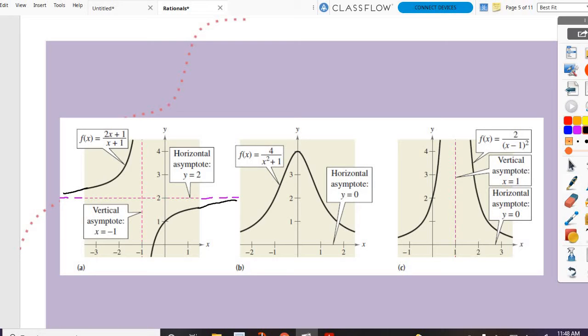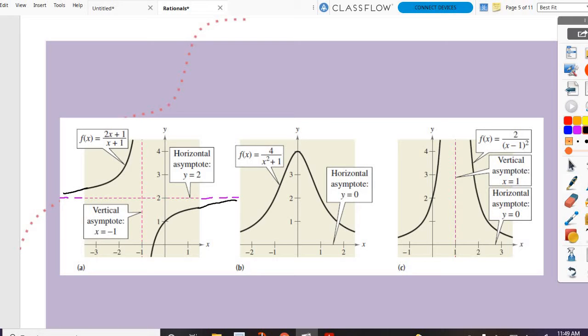So basically our y value is going towards 0 as x goes towards positive or negative infinity. For our second one, it doesn't have a vertical asymptote, but it has a horizontal asymptote at 0. So again, if we were to extend that graph, it would be getting closer and closer to 0.